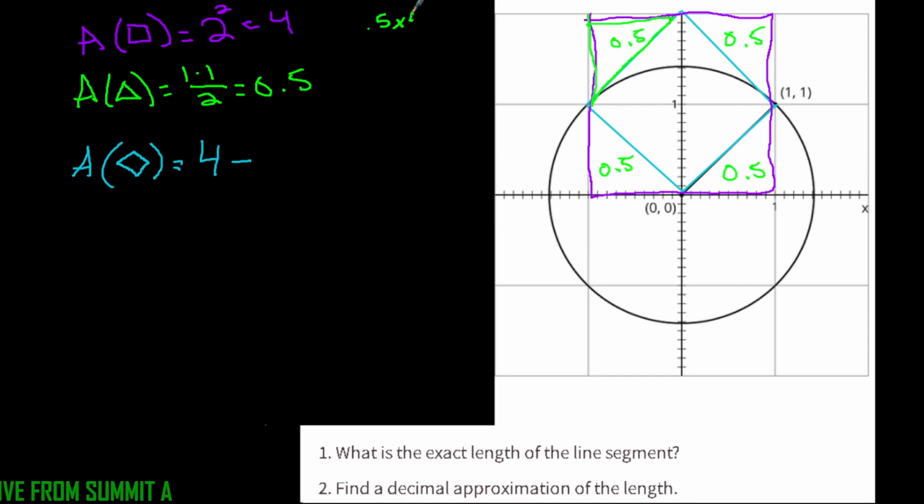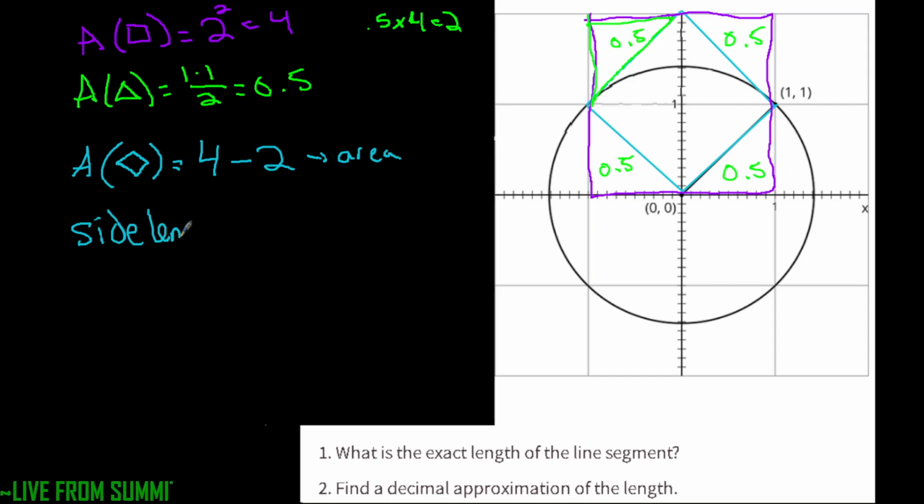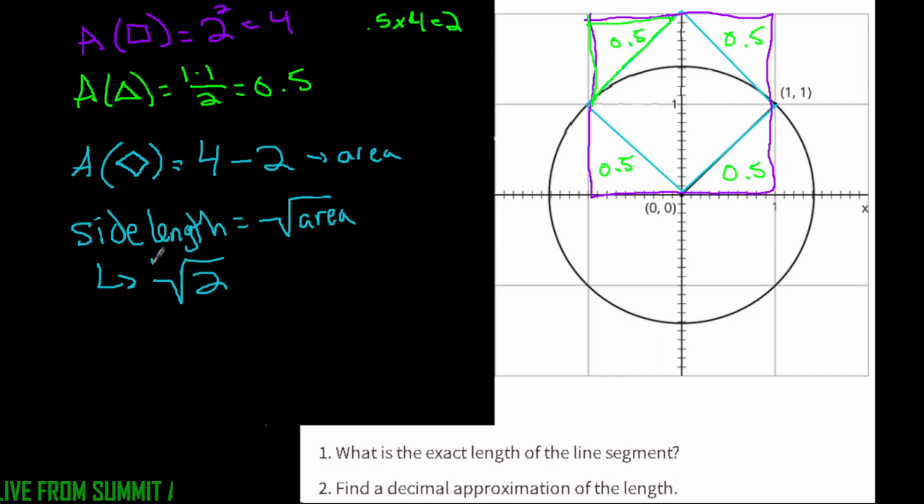So the area of this square inside is 2. However, I remember that the side length is equal to the square root of the area. So the side length is equal to the square root of 2.